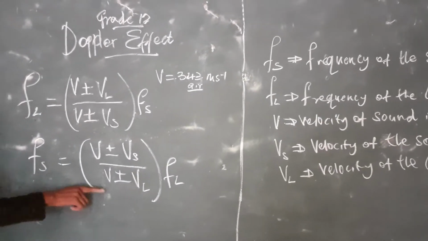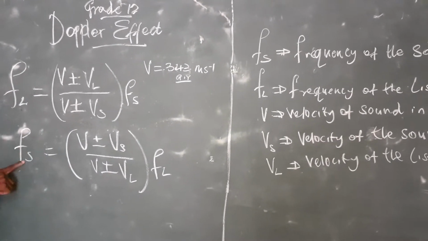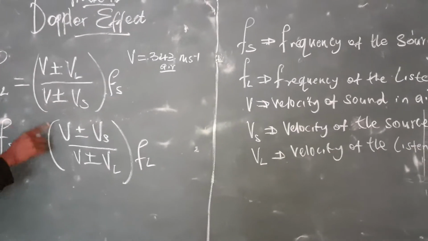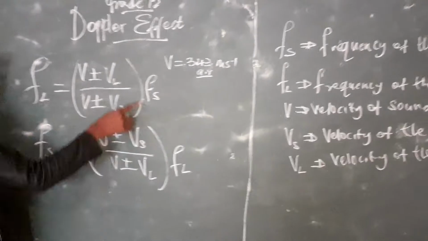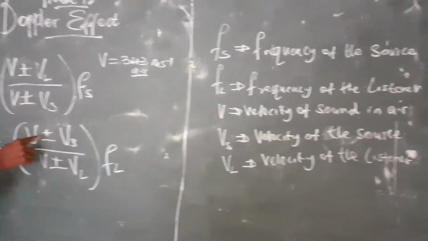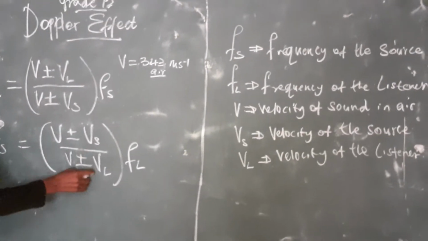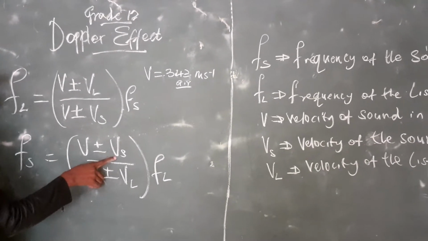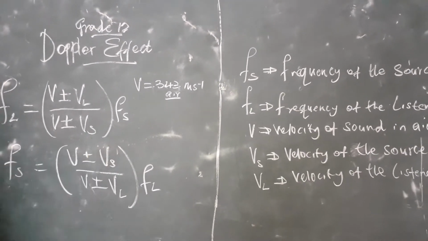And then we have another formula, for when you want to calculate the frequency of the source. This is the same speed of sound in air, and this is the direction in which you are coming or moving away, and this is the velocity of the source.